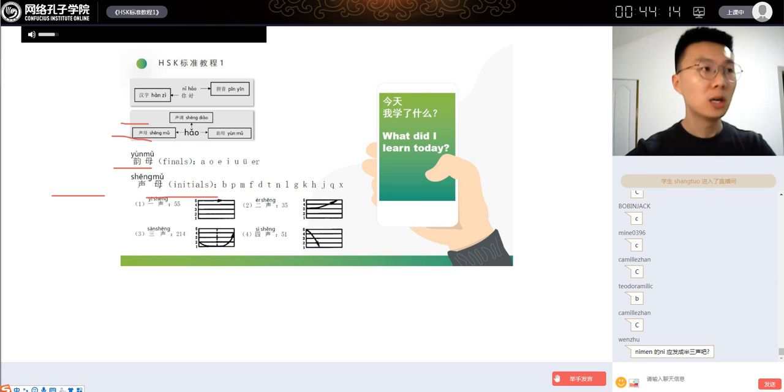And we also learned some basic 韵母. They are a, o, e, i, u, ü, right? And we have learned some 14 声母.